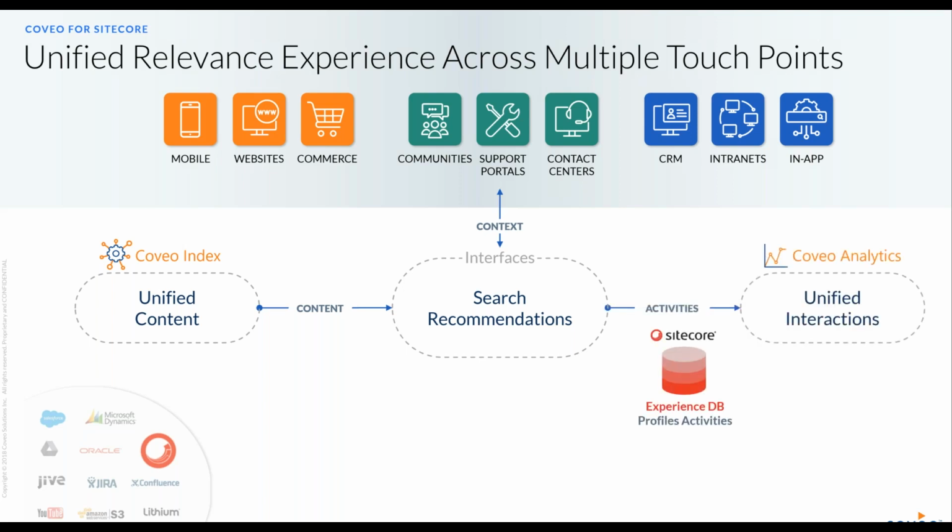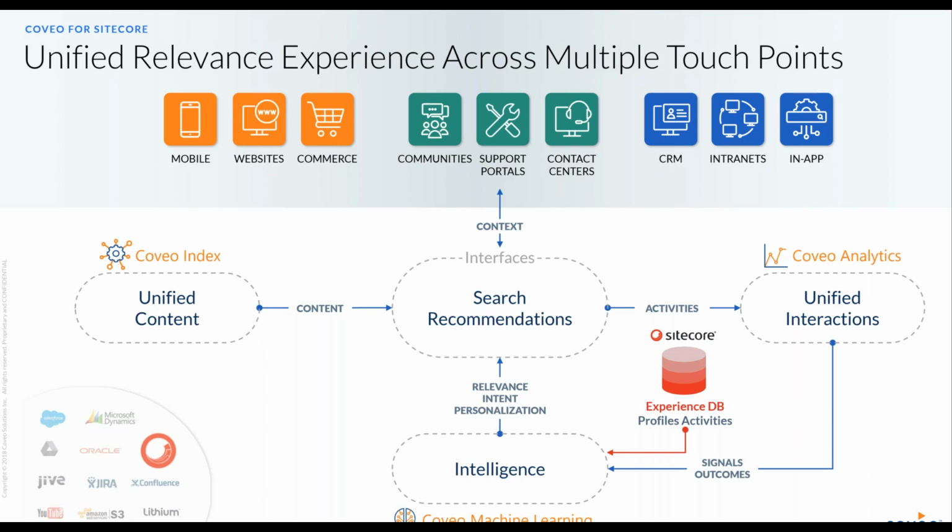We take the activities of past users and we're able to provide you with more intelligent search results. What we also combine, since we do reside right within your own Sitecore index, is to be able to use the profiles from your XDB. We take those into context as well.